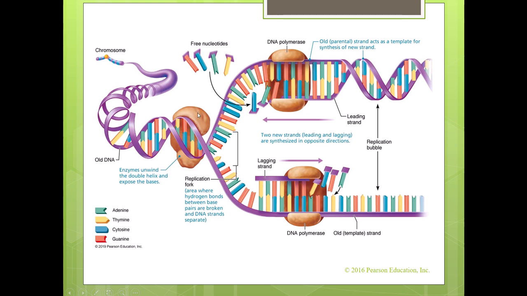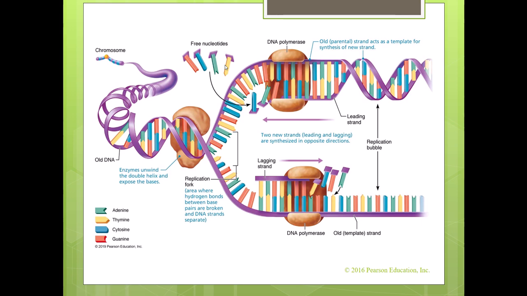And so there's an enzyme that unwinds the helix, and that creates what we call a replication fork or a replication bubble. And then there is another enzyme, called DNA polymerase, that actually adds the new nucleotides using the old strands as a template to make the new strands by base pairing our nucleotides.